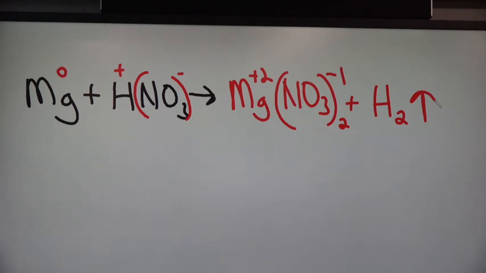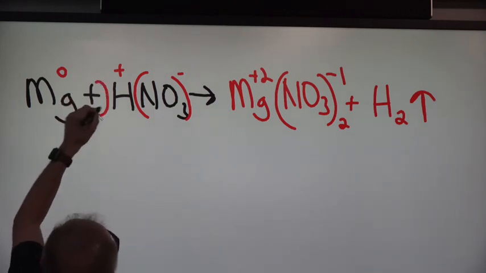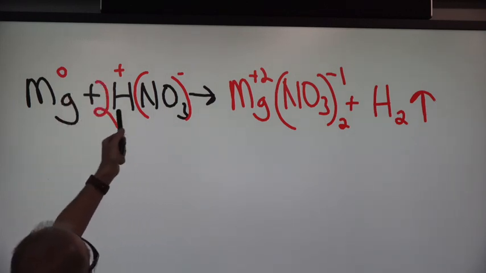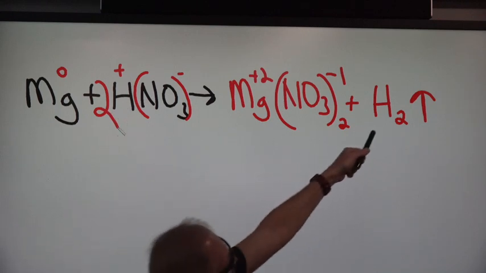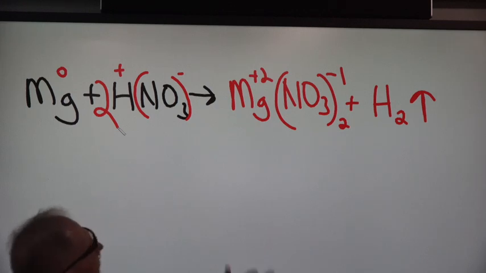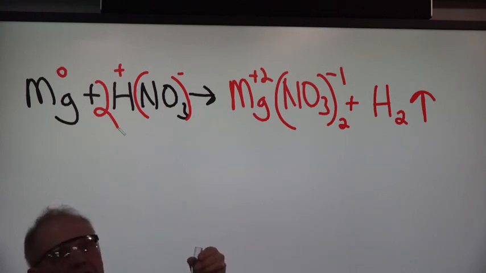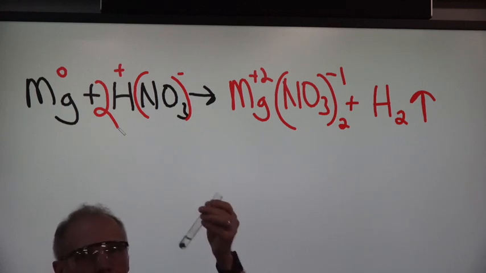All right, so now once again we're going to have to try to balance this thing, and we have 2 nitrates, so we might as well put a 2 right there. That'll give us 2 nitrates, that'll give us 2 hydrogens. We already have 2 hydrogens, and that is perfect. That is a balanced reaction, and I know you can't feel it, but it is hot, so this most definitely is an exothermic reaction.